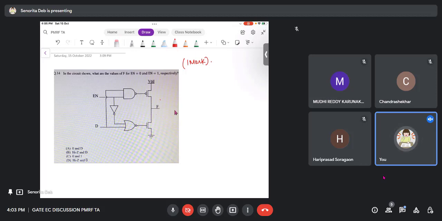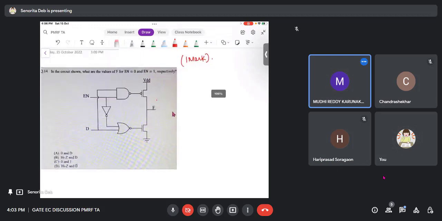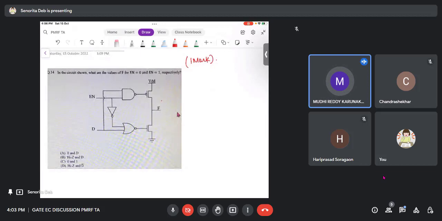Mudireddy, will you want to try? Yeah, ma'am. So we can discuss it here, option B only. When we give EN 0, then both the MOSFETs will be off.